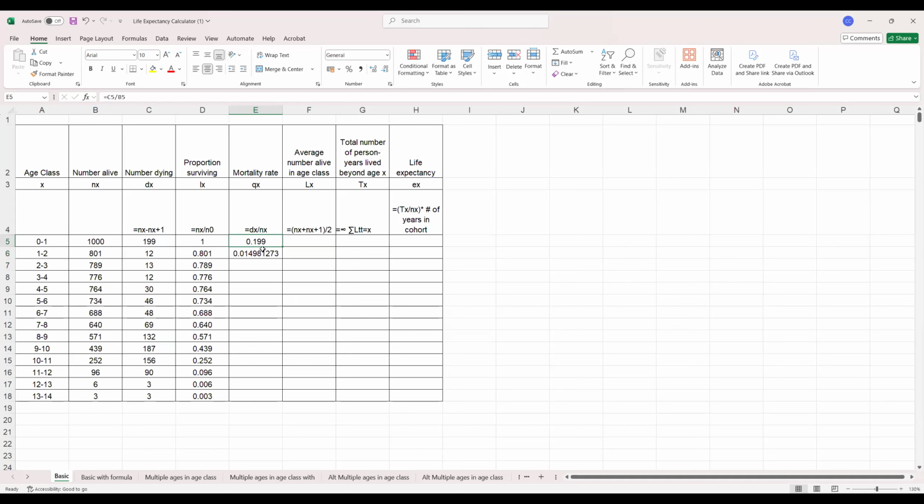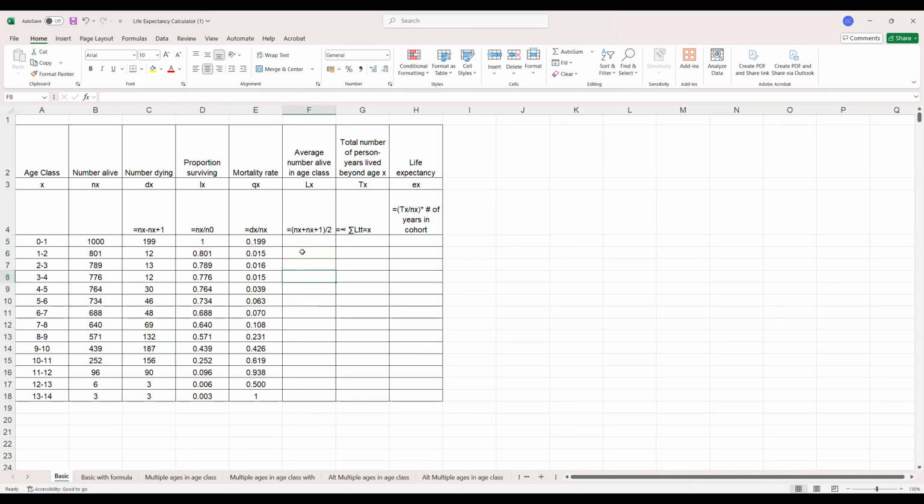So, the copy pasting for this one is a little bit more straightforward. Control C, Control V, or you can also drag down the square. Again, for this, we try to stick to just 3 decimal places.